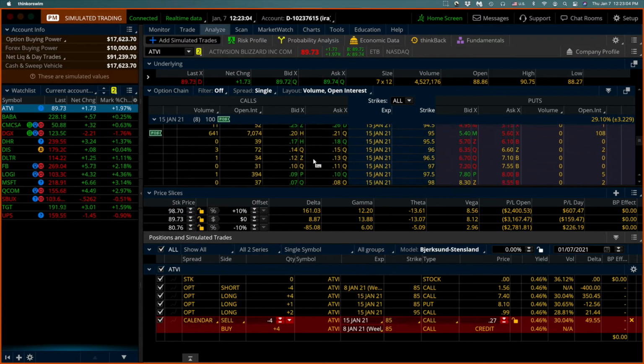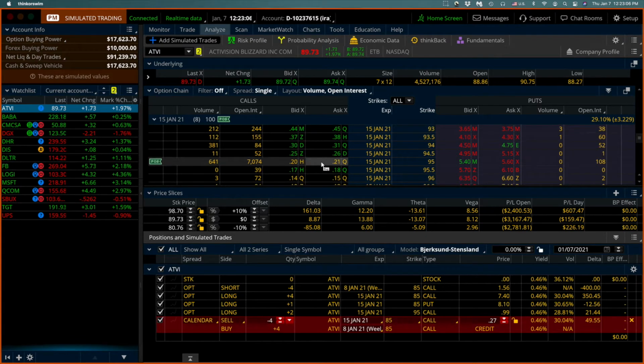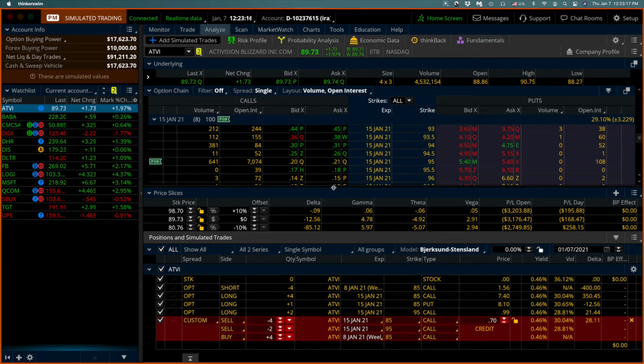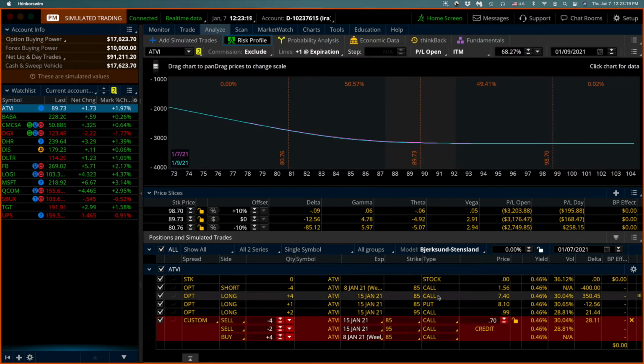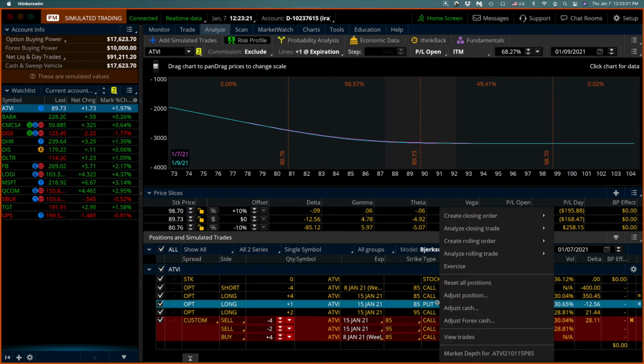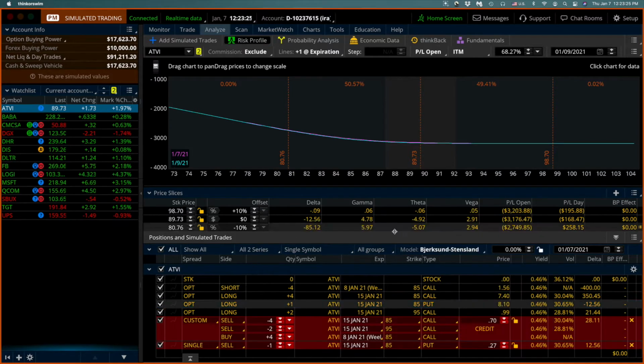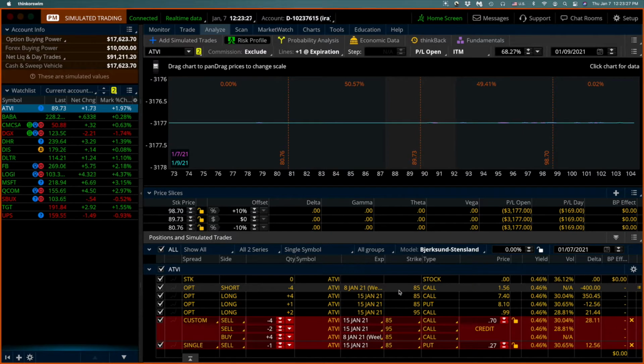It's going to complicate my trade here. So let's now sell the calls. Press the control key and click on the bid, 1 and 2. Okay, and then separately we're going to close our put for 27 cents. Okay, so we're going to get 66 cents for the position.